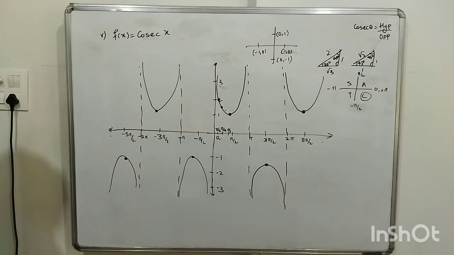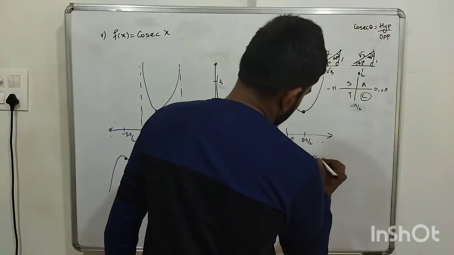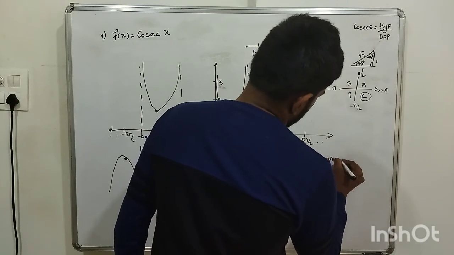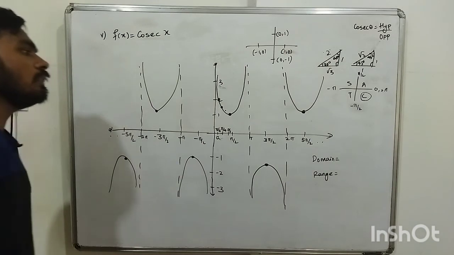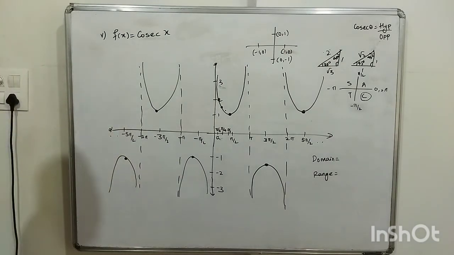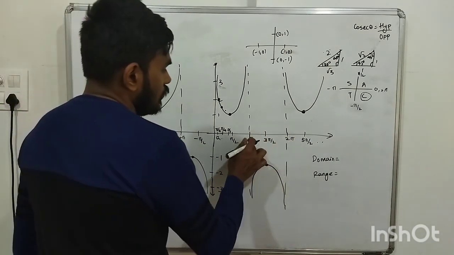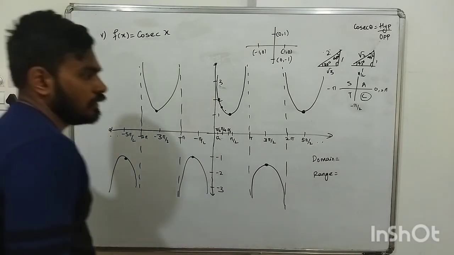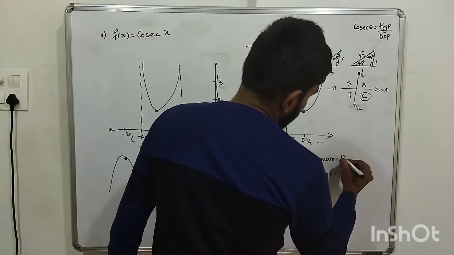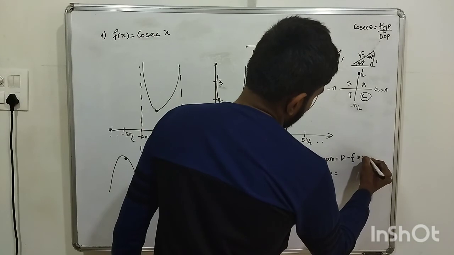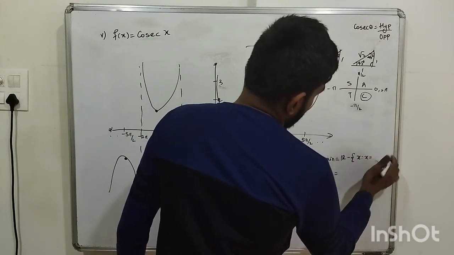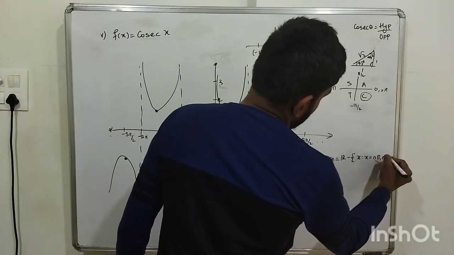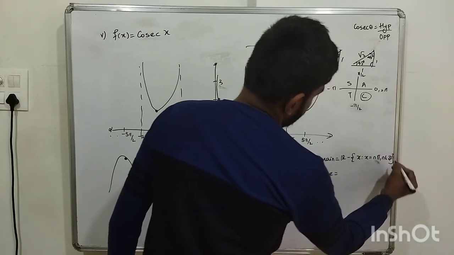Now we'll check domain and range. Again, the domain will include all the elements except multiples of pi. So R minus x such that x is equal to n pi, where n is an integer, correct?